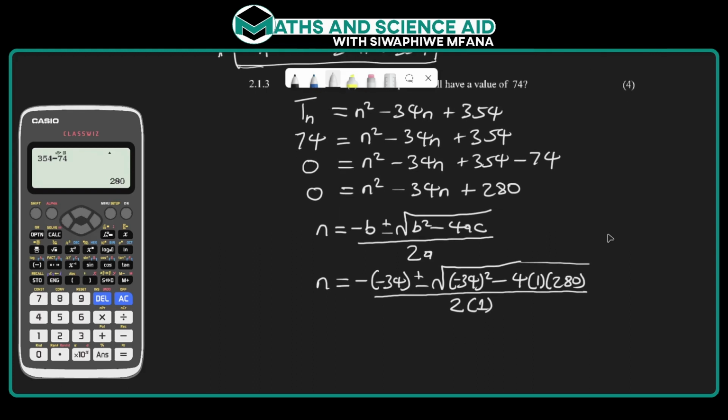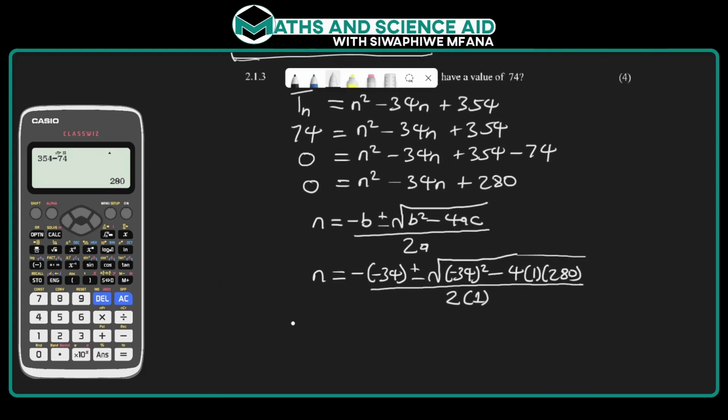And now all that we need to do is to find our two n values. And obviously, the first n value here, we can say it will be when we are taking the positive. And so we can use our calculator and work it out.